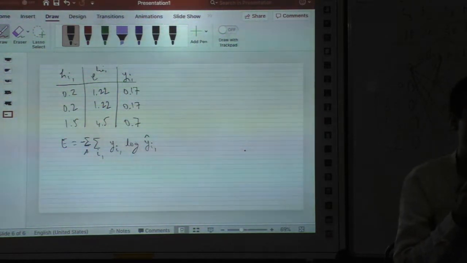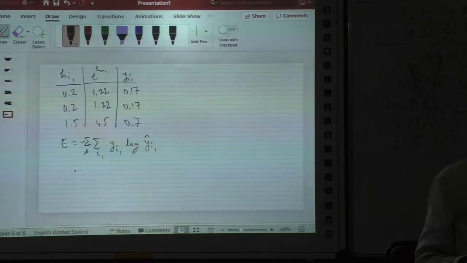So what happens when your y_i1 is mostly 0? For the other two nodes it is 0, so those terms will go away. Only the one that is non-zero, when it is 1, that term will appear. So this will become something like this.